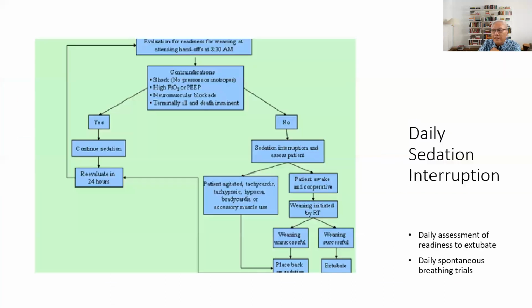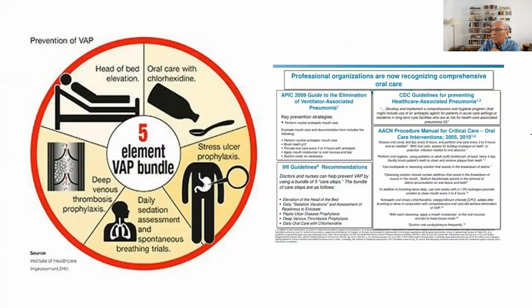And then the other thing is, of course, the chlorhexidine mouthwash. So usually we're going to have a chlorhexidine mouthwash once a day or twice a day. And of course, to brush the teeth every 12 hours.